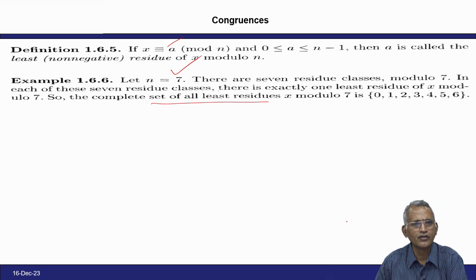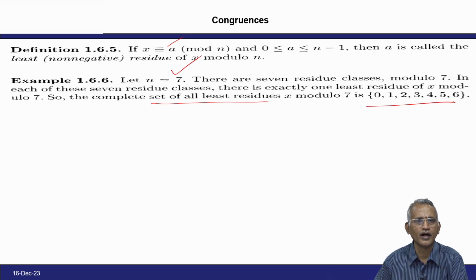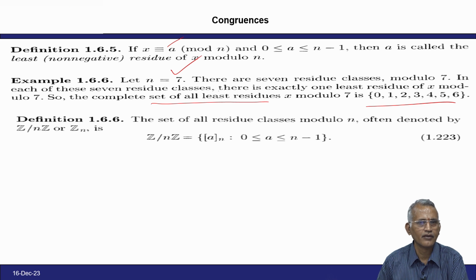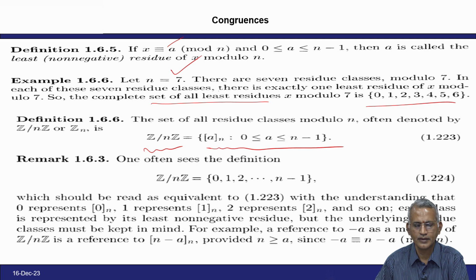Now, let n equal 7, there are 7 residue classes under modulo 7, and then we have a set of least residues of x: 0, 1, 2, 3, 4, 5, 6. We have a definition: the set of all residue classes under modulo n is often denoted by Z divided by nZ, which is equal to the classes [a]n, where a lies between 0 and n minus 1.